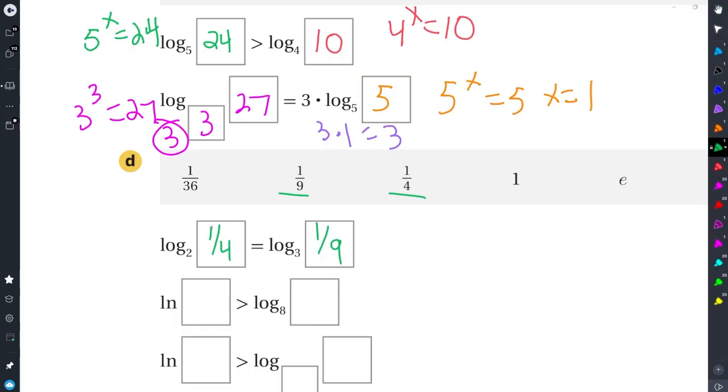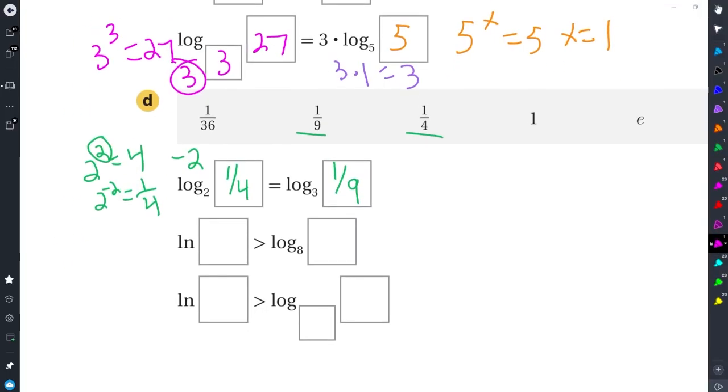Remember, 2 squared is 4, but then it goes in the denominator, so I can bring this down as a negative exponent. So this is equal to negative 2 because 2 to the negative 2 is 1 over 2 squared, which is 4. So 2 to the negative second power equals 1/4.